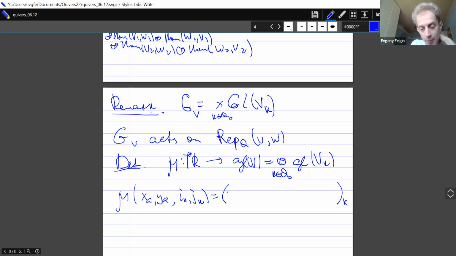So how can we compose? First of all, we can take the products X_A, Y_A. So what should be a condition on A in order to guarantee that this product is in gl(VK)? Recall that X_A is a map from S(A) to T(A), and Y vice versa.